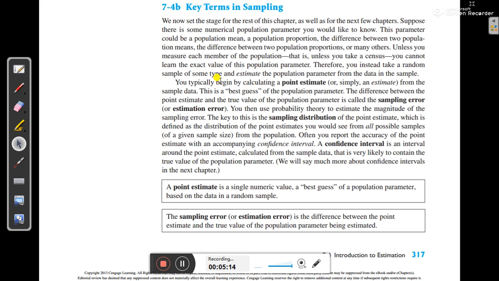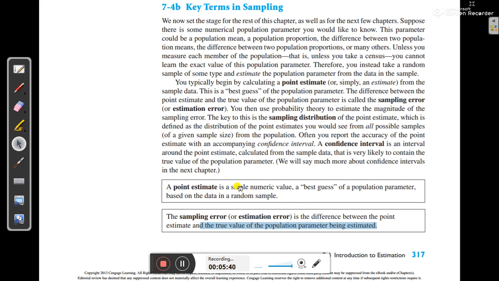In case of sampling, we need to understand the point estimate. What is a point estimate? A point estimate is a single numeric value, or a best guess, of a population parameter based on the data in a random sample. And sampling error is the difference between the point estimate and the true value of the population parameter being estimated.